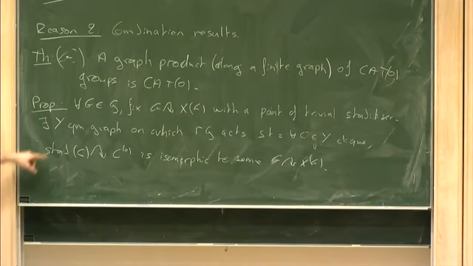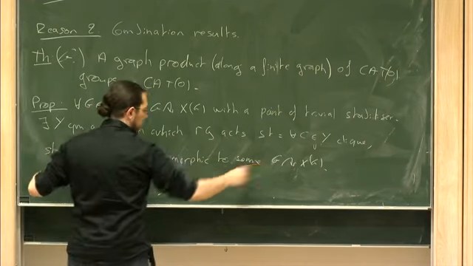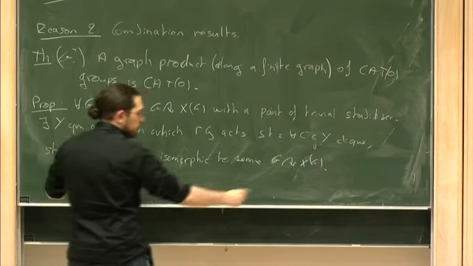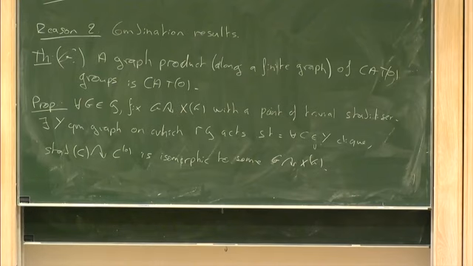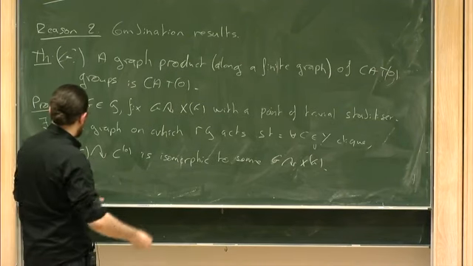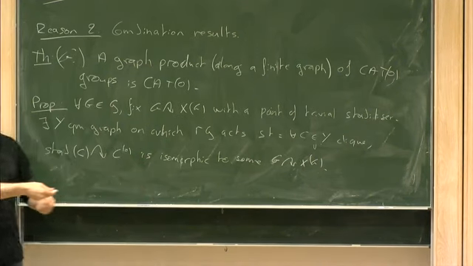So here, isomorphic means that we have an isomorphism between the groups and a bijection between the spaces, which is equivariant with respect to this isomorphism. Okay? So this is the way to say that we have the same group acting on the same space in the same way.